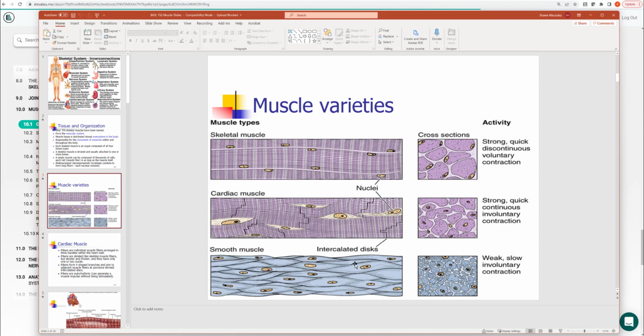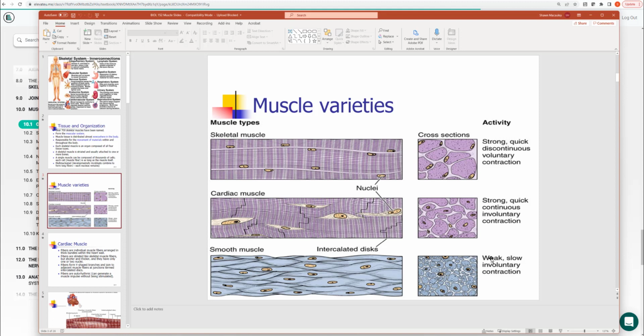And then finally, there is smooth muscle. Here you can much more easily see, and this is why I wanted to go to this slide, that these cells are individual, they're short, and they are what we call fusiform or cigar shaped. Notice they have two tapered ends. The single nucleus is found right in the center of the cell. And note that there is no striation pattern within smooth muscle. So how would we describe smooth muscle?